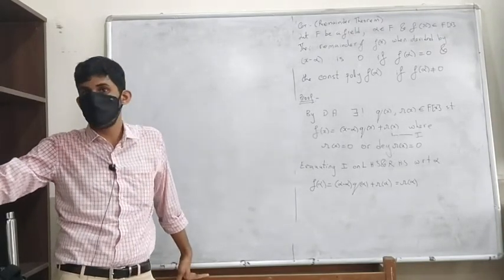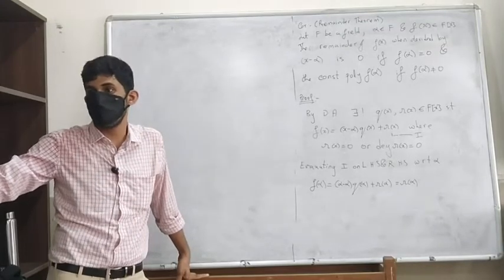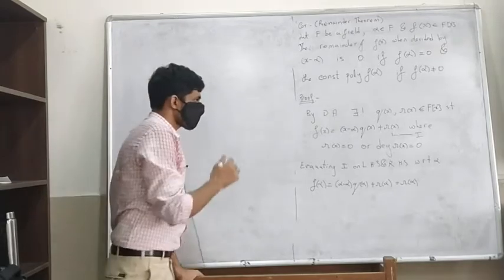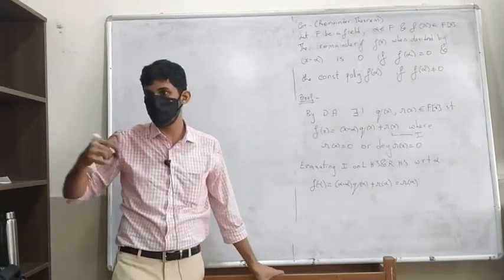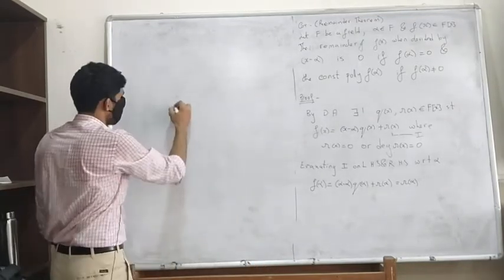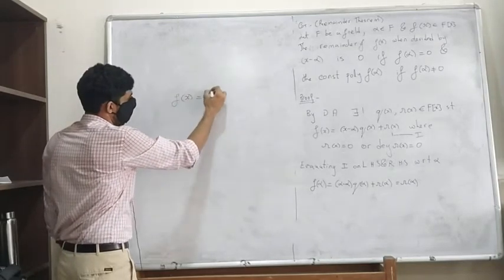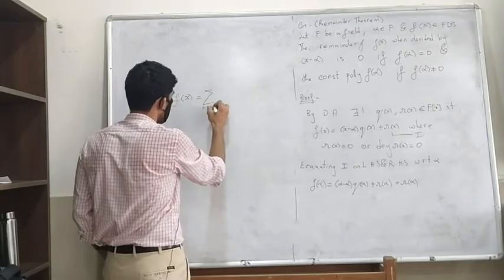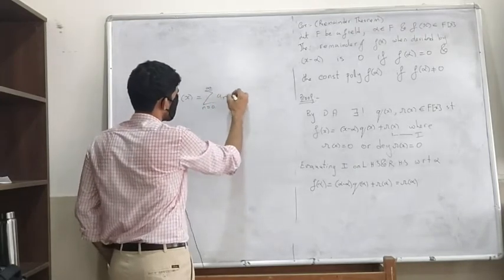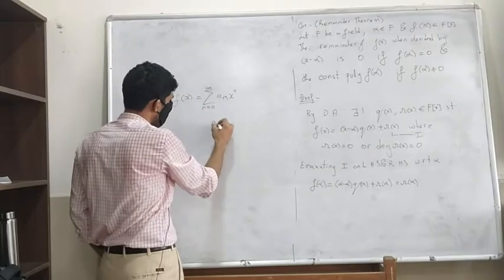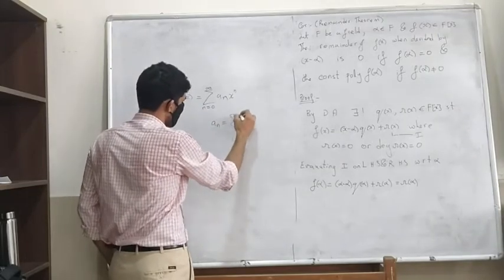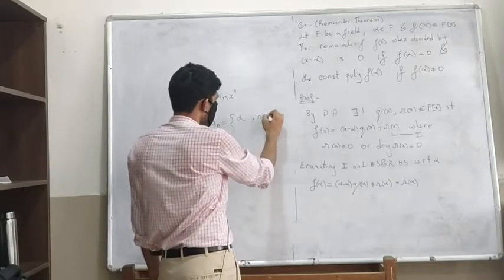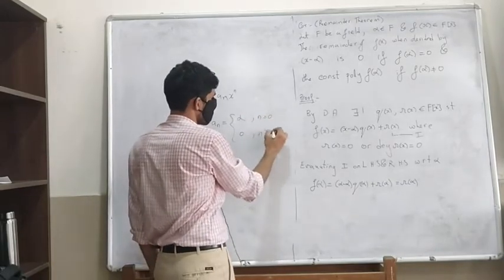If you take a constant polynomial, say f of x is the sum over n going from 0 to infinity of a n x raised to n, where a n is, say, b when n is equal to 0 and it is 0 when n is greater than 0.